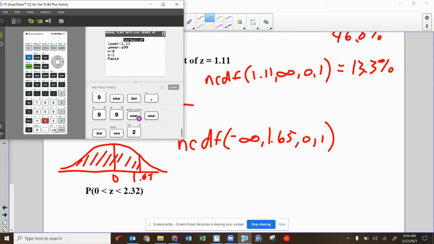All right, so this time I'm going to do negative E99 and 1.65, 0, and 1, 95.1%.